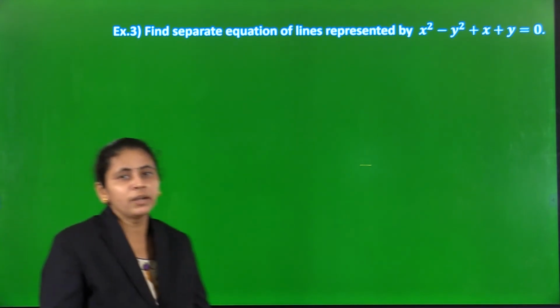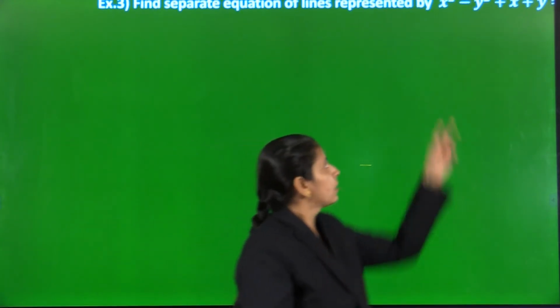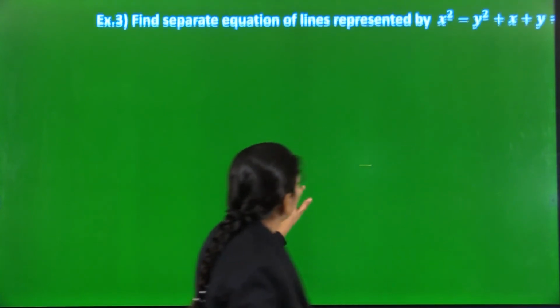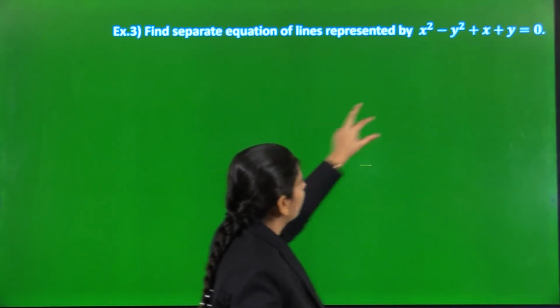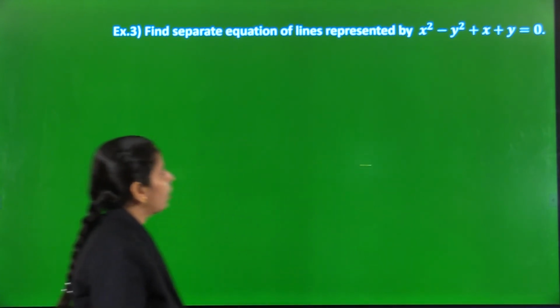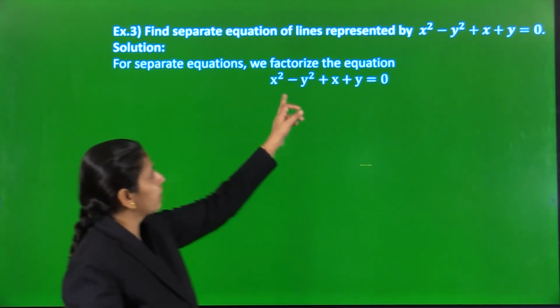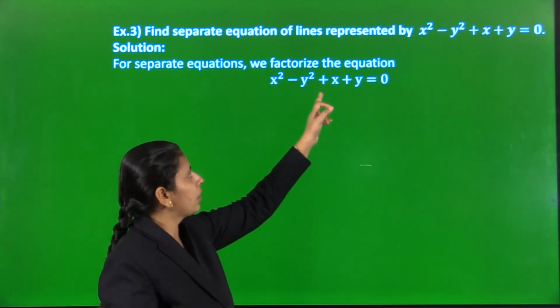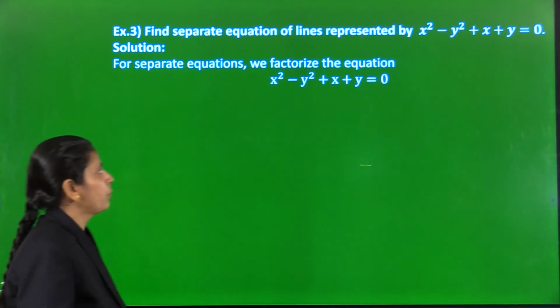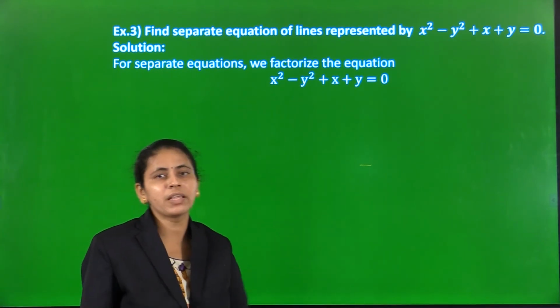In order to find the two separate equations of the lines, we have to factorize the left hand side of the given combined equation. So we factorize x square minus y square plus x plus y equal to 0. What are the factors of x square minus y square?